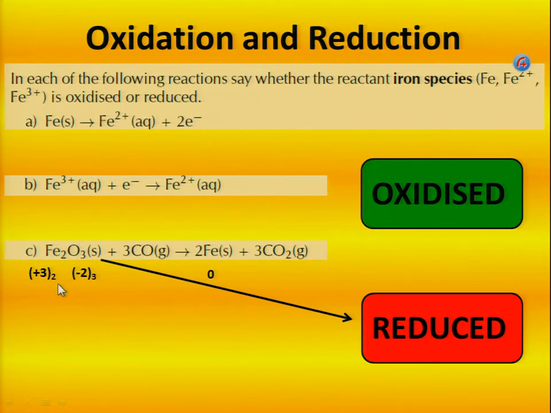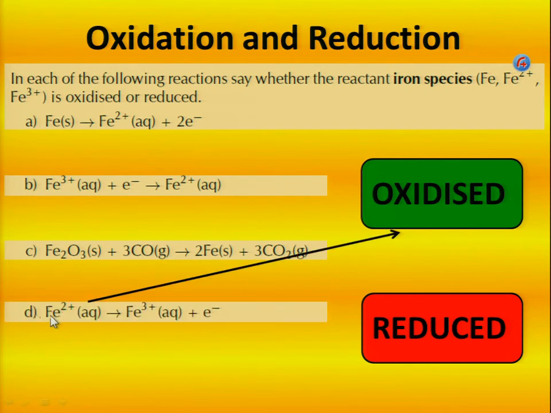There's 2 ions, so 1 ion must be +3. Because +6 minus 6 gives you 0. Now let's see. If iron here is +3 and it goes to iron 0, then the oxidation number is reducing, and therefore this iron species is reduced.